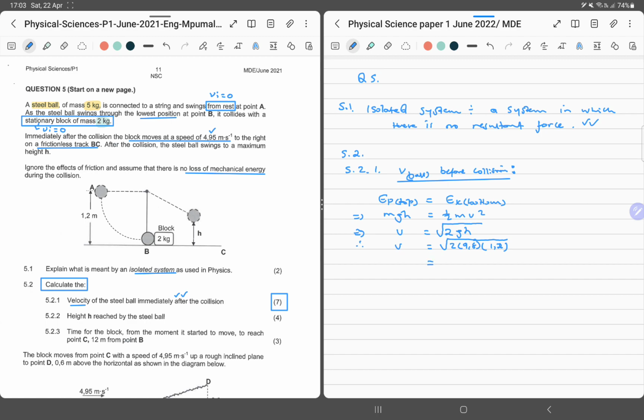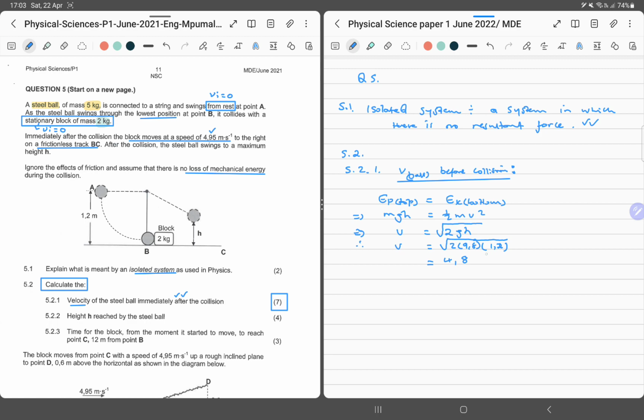Okay, we need that velocity. So this is going to be the square root of 2 into 9,8 into 1,2. So I'm getting a velocity of 4,85. Remember here, you don't round off too soon.